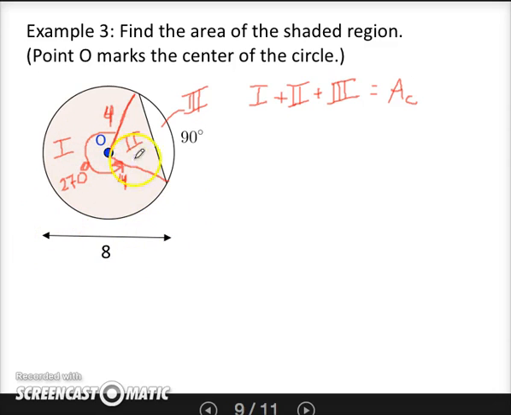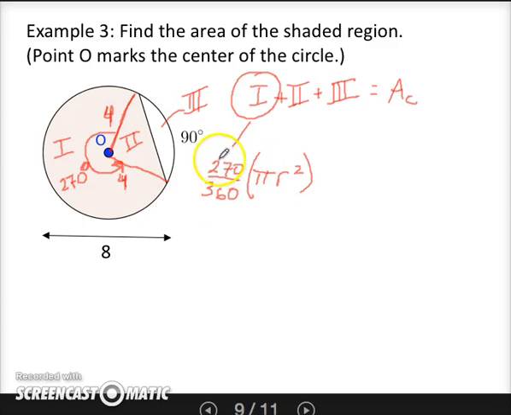So the area of region 1 is going to be 270 over 360, that's the fraction we're dealing with, times the area of the entire circle, which is pi times r squared.